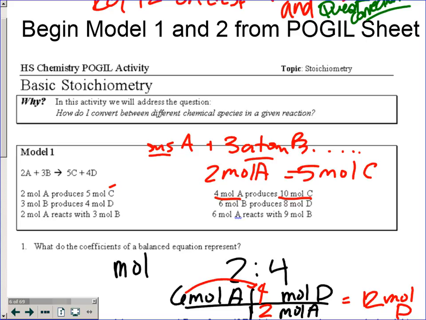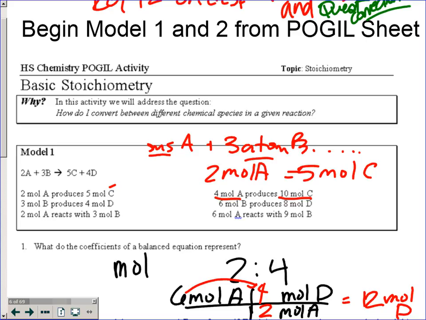The D having a 4 and the A having a 2, those are now called mole ratios. So I have to find a way to convert moles to moles. That's really the stuff I don't have, because I can get from particles to moles and grams to moles and volume to moles, but how do I get from moles to moles? What do I have to have in front of me to get this information? The mole ratios, which come from the balanced chemical equation.